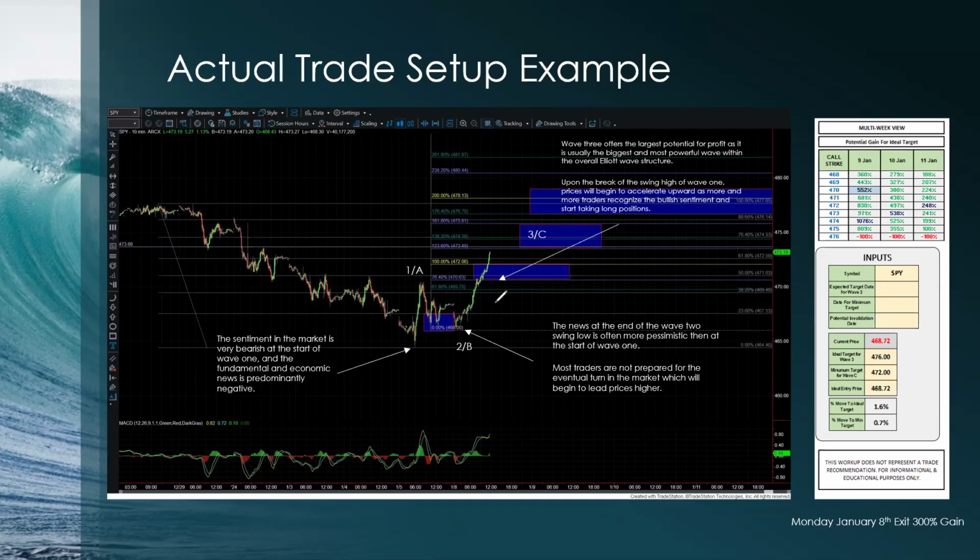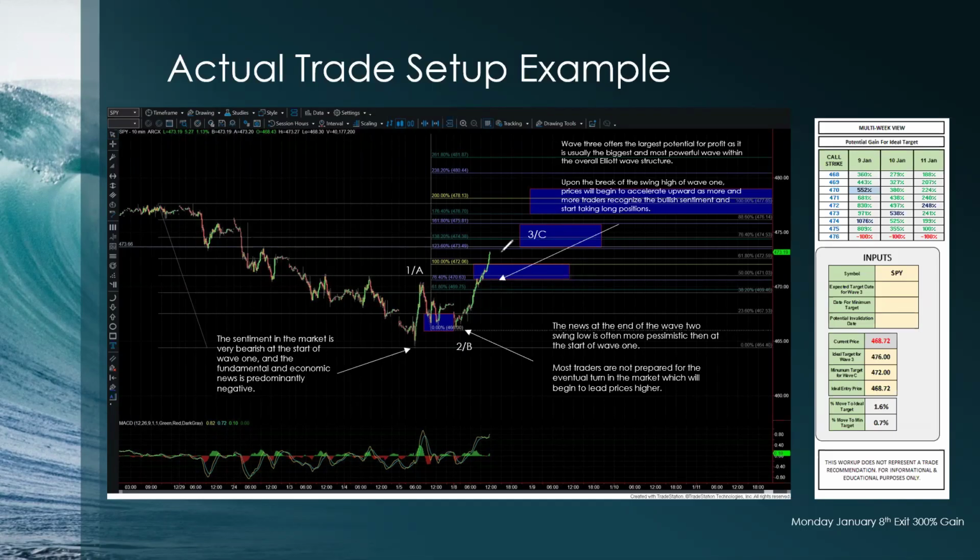There's really no guideline, or I would say rule, in regards to timing of Elliott wave analysis, except for one particular pattern, which I'll discuss in a little bit. But as far as the wave 1-2 setup, there's really no particular rule in regards to timing.